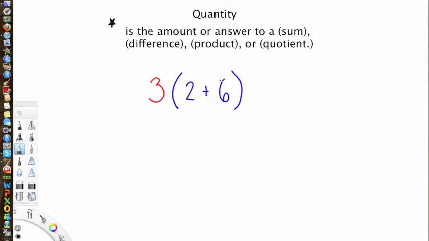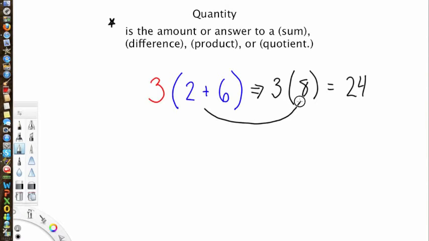Now we know that if we add these together, it'd be the same thing as 3 times 8, which would be equal to 24. But focusing on the quantity, it's 8. So when you hear quantity, remember it's the answer or the amount to one of these four basic operations.